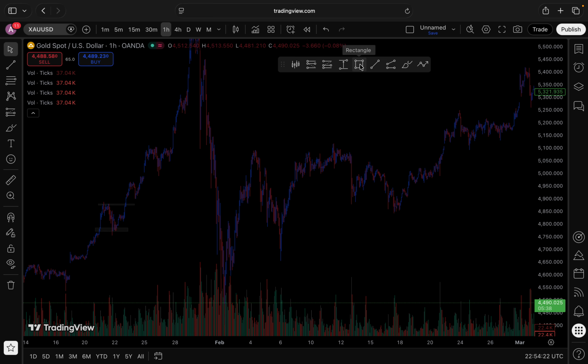I usually use a rectangle, or you can use lines. It just depends on the person. I like to use a rectangle because price isn't always going to get exactly into that zone. It might get near it and then have a reaction, meaning it's not always going to hit that zone to perfection.